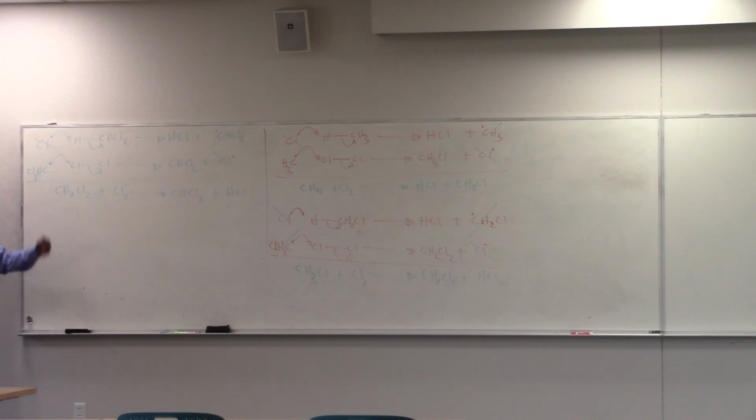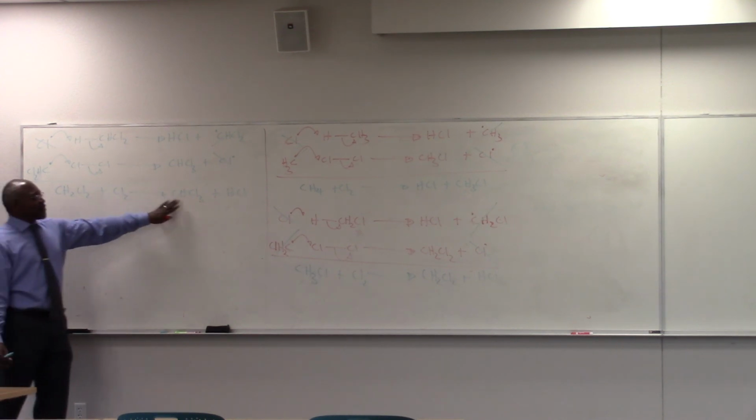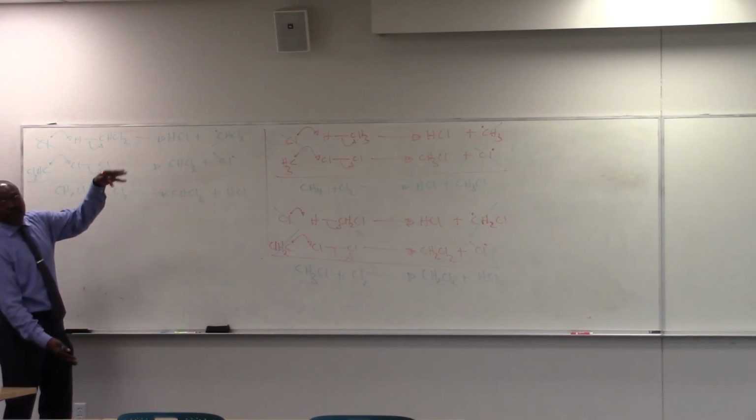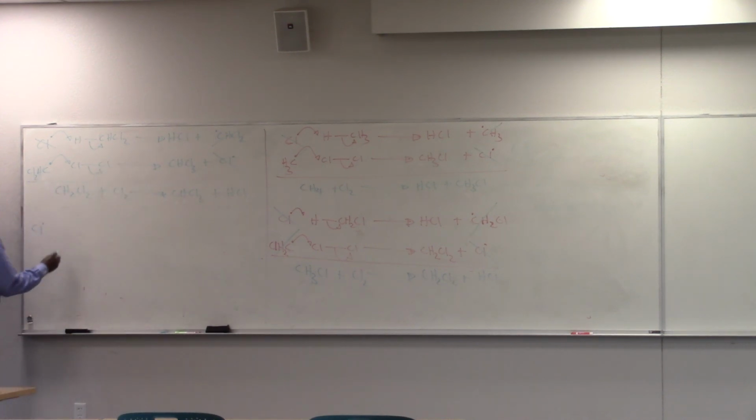The last sequence, as you hopefully have picked up by now, Cl dot. Of course, when does this happen? When the concentration of trichloromethane, chloroform, rises to a level where it begins to compete with its progenitors.